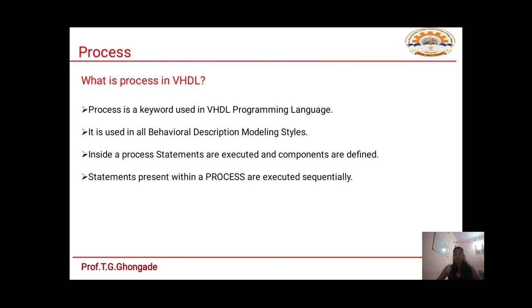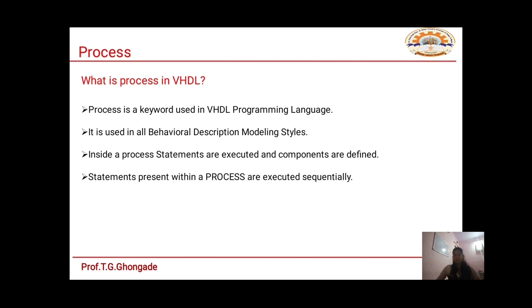So statements and components can be defined inside a process, but all these statements are executed sequentially. So process is a keyword which is used only in the behavioral style of modeling. In that we use different statements like sequential statements, loop, case statement, etc. Statements present within a process are executed sequentially, meaning one by one the statements are executed. I will explain this completely with an example.